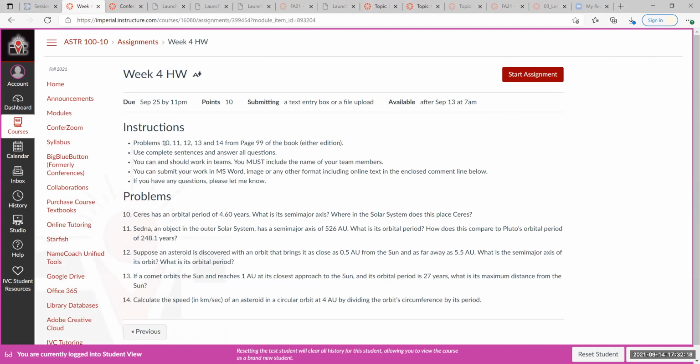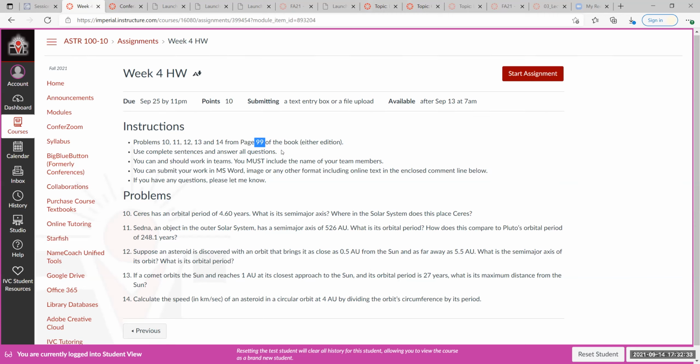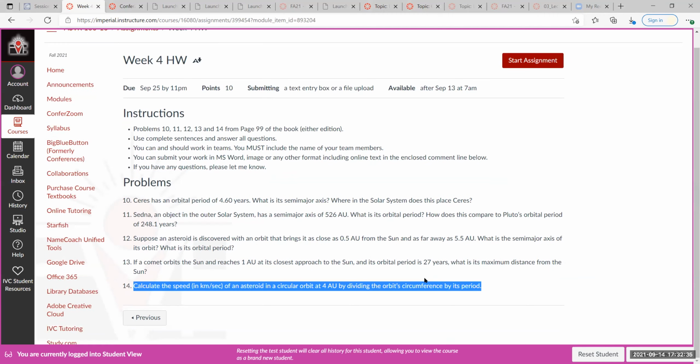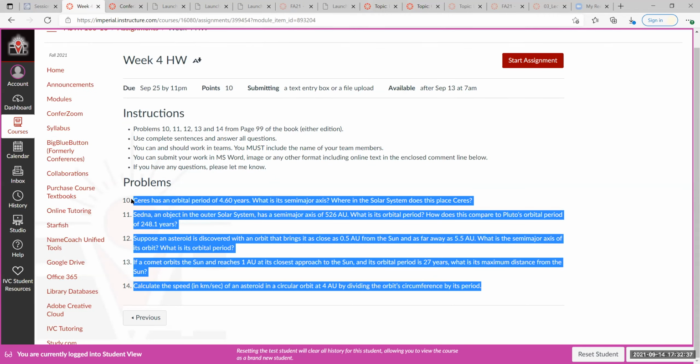And the homework is these 5 problems, problem 10 through 14. If you have the book, it's page 99 from either edition, it doesn't matter, 5th or 6th. Please do all of these answers correctly and use the proper units. Is it okay if I could do it the right way? Yes, okay, so these are the problems. If you don't have the book, here they are, okay?